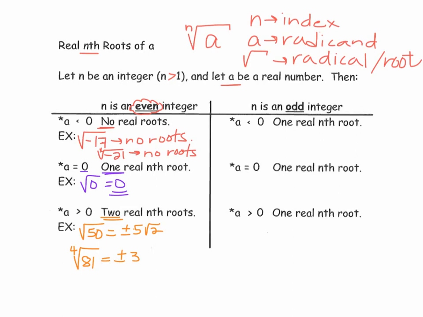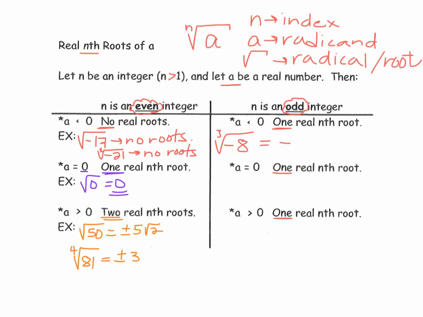If your integer is odd for your index, like a cubed root or a fifth root, when n is odd, you're only going to have, notice, one solution each time. So if a is less than 0, you're going to have one real root, like the cubed root of, let's say, negative 8.